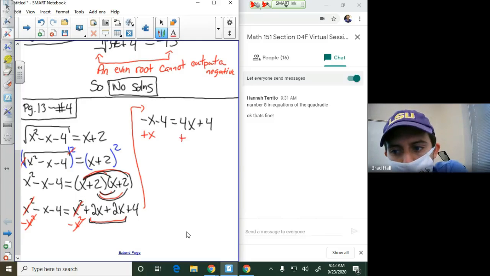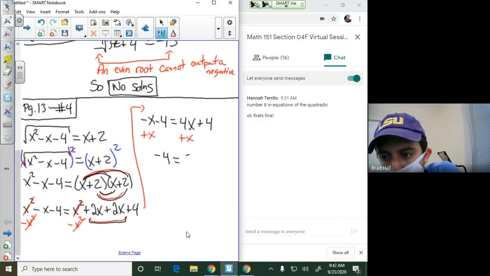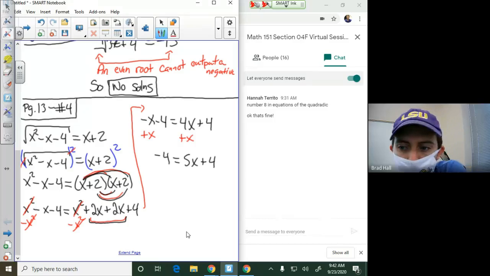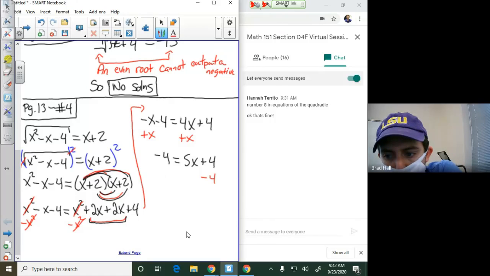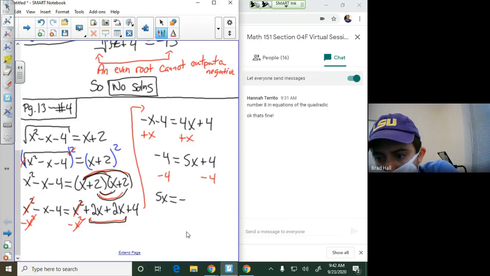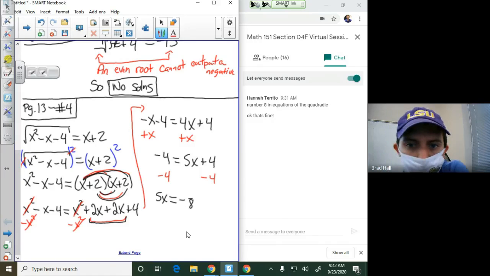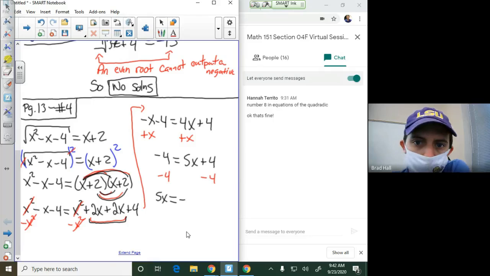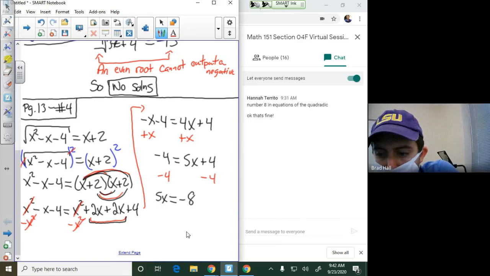Add x on both sides. 4 is equal to 5x plus 4. Now we can subtract 4 on both sides. 5x is equal to negative 8, and so x is equal to negative 8 over 5.